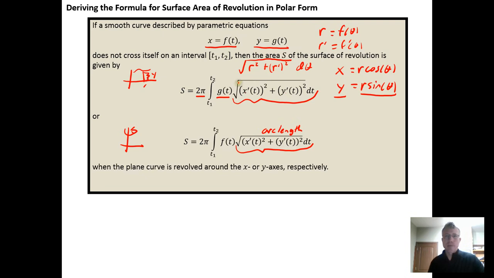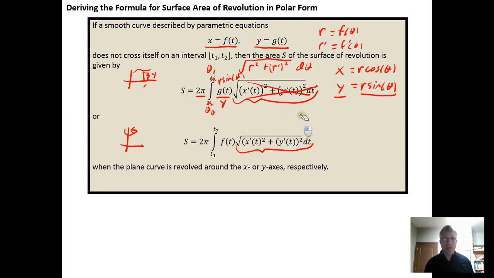So we replace the arc length with the arc length in polar form, and then replace g of t, which is just y, with r sine theta. It's that straightforward. And instead of running over t's, you're going to be running from some theta naught to theta sub 1. And that's how you would generate that formula.